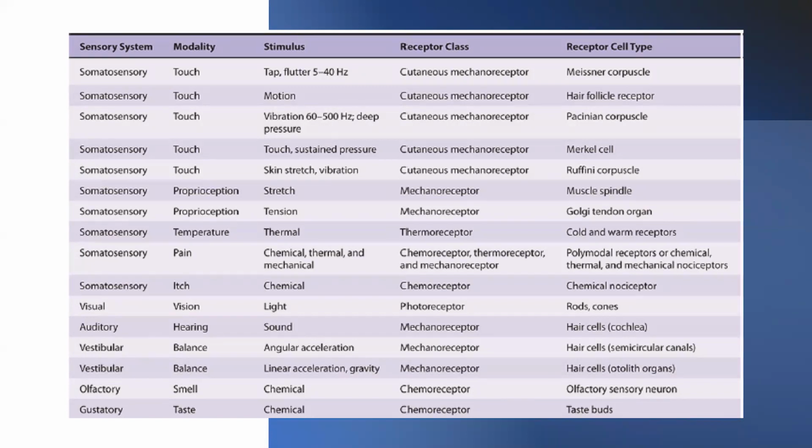These different receptors in the body, for example your cutaneous receptors, mediate responses to touch and pressure. Your proprioceptors, in the muscles, tendons and joints, respond to stimuli involving stretching, tension, and muscle length.